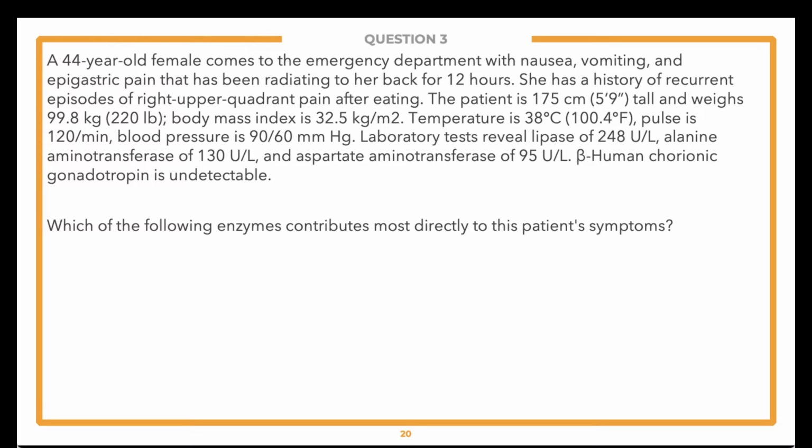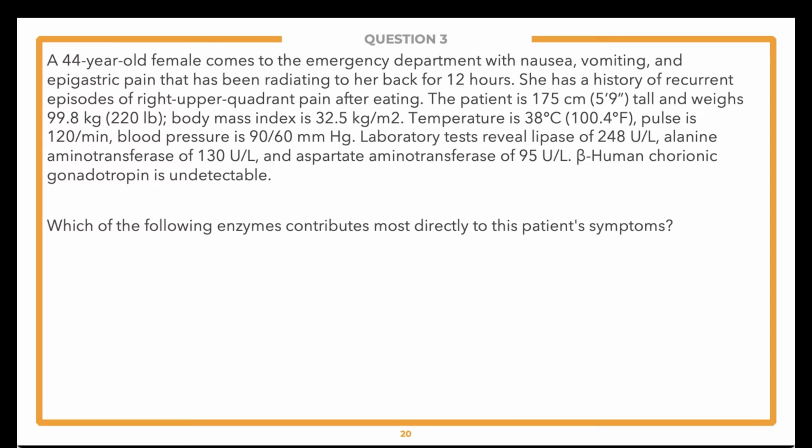A 44-year-old female comes to the emergency department with nausea, vomiting, and epigastric pain that has been radiating to her back for 12 hours. She has a history of recurrent episodes of right upper quadrant pain after eating. The patient is 175 centimeters, 5'9", and weighs 99 kilograms, 220 pounds.